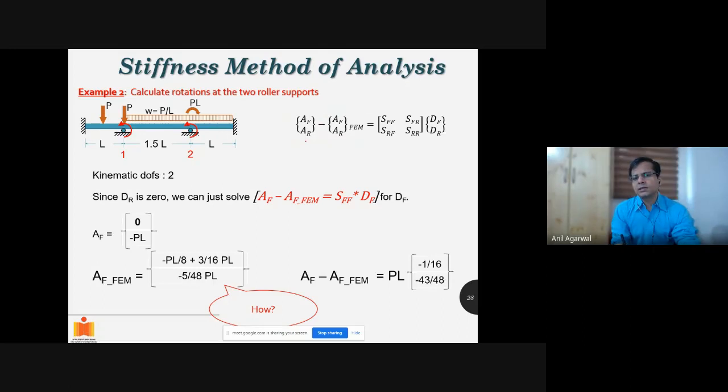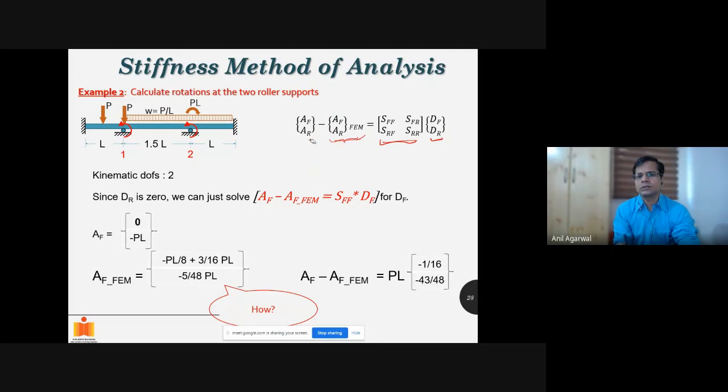So we had all seen this equation, right? And I had told you that this is a very powerful equation. Last time when we wrote this equation, we did not probably write this term, but as I had discussed, this equation is nothing but A equals SB, correct? And then A we had split into AF and AR, S as SFF, and so on, and DF and DR. Okay, this change we had done.